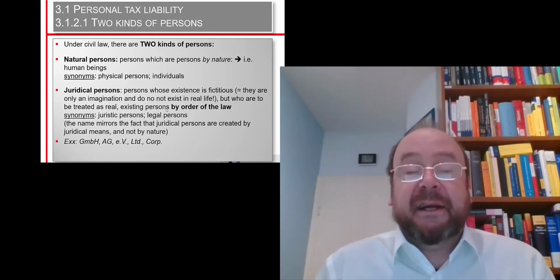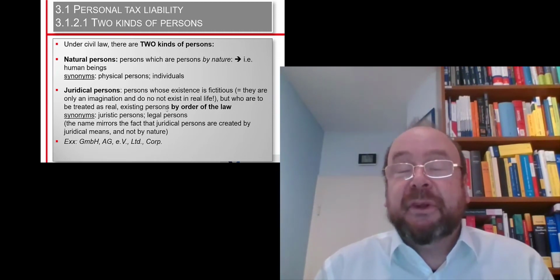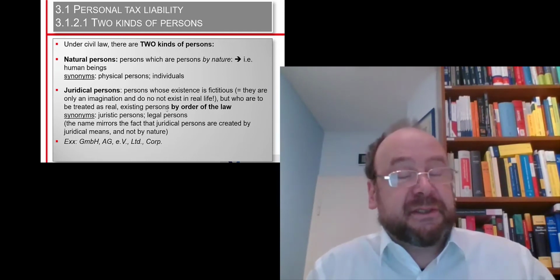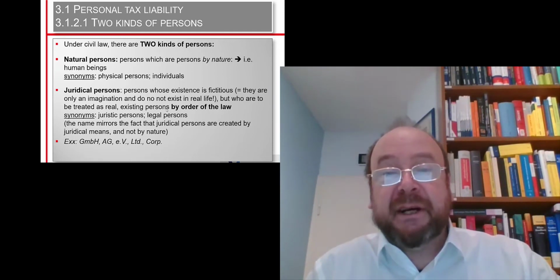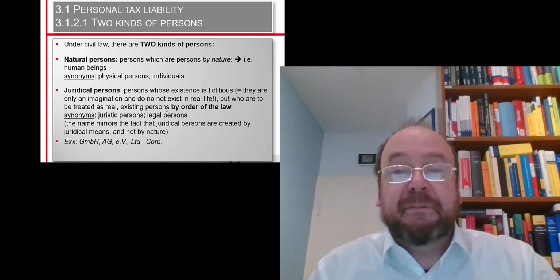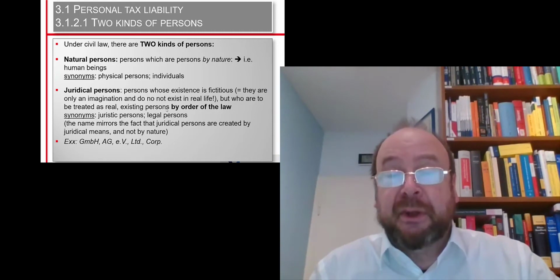On the other hand, the juridical persons are not really existing persons. They are fictions which have been established by law. So a GmbH, an AG or so are to be treated as if they were real persons, so as if somebody named Deutsche Bank AG really existed.